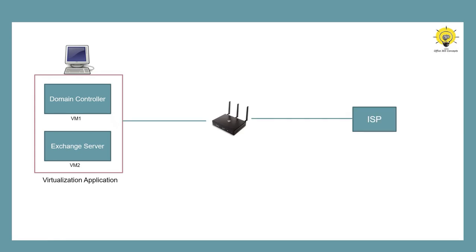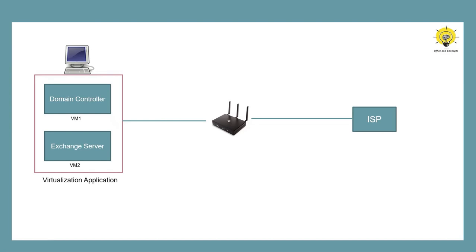And this is the ISP who is providing you the internet. Every ISP provides dynamic public IP addresses to your router. And when your router has a dynamic public IP address assigned, all of the ports are blocked on the router by default. Also, with a dynamic IP address, you cannot do port forwarding.